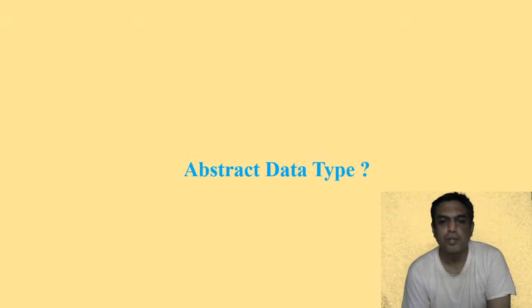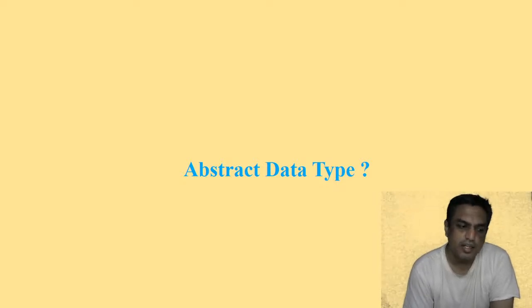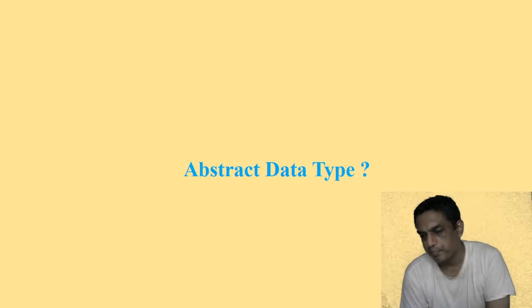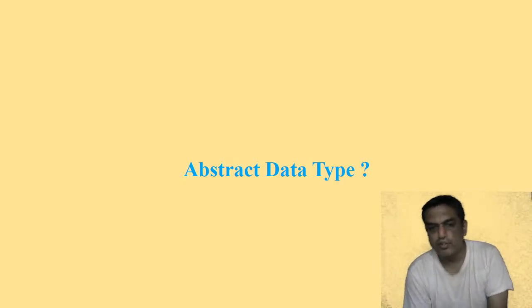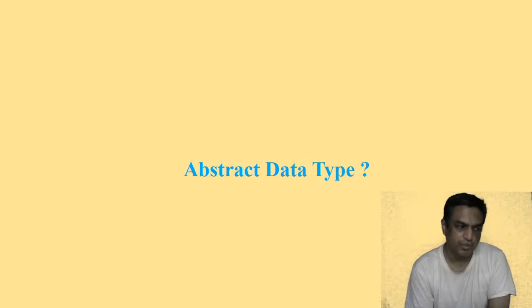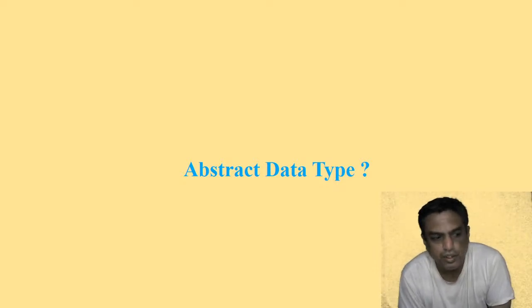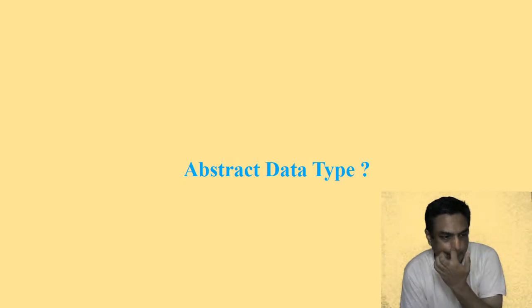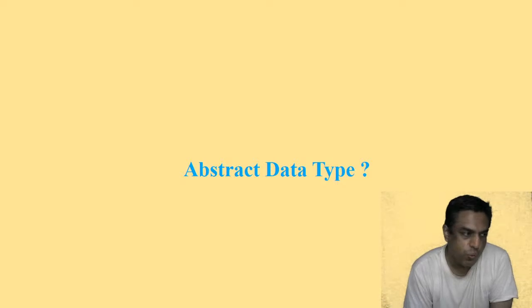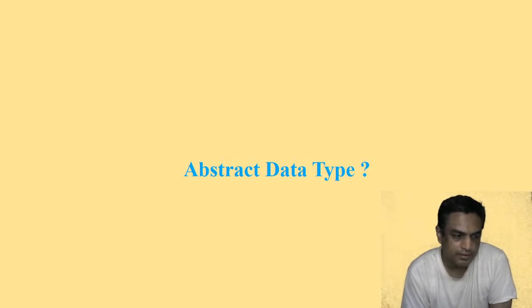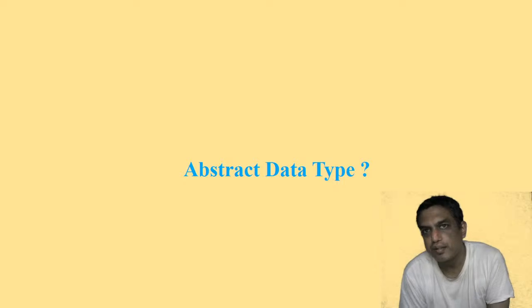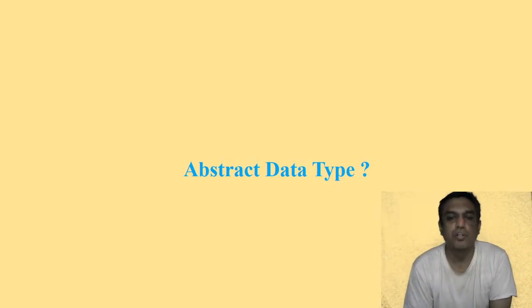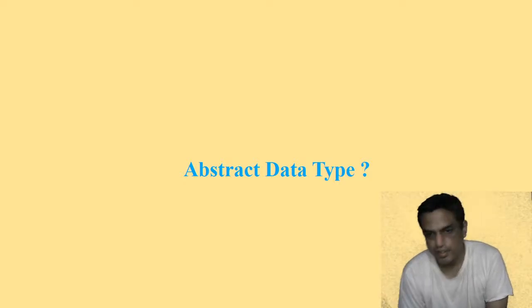Now coming to the main and the toughest thing to understand in data structure: abstract data type. Okay. From C language you already know what is data type. What is data type in C language? Can anyone tell me? Data type means the type of variable in which you are going to store the data.